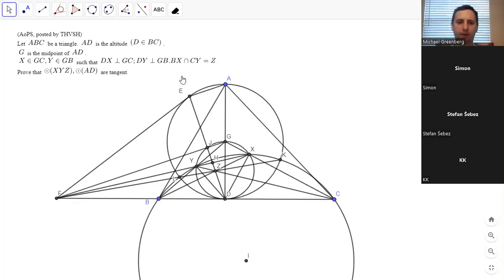But if I lies on ED, then I lies on the polar of F. So F would have to lie on the polar of I. So KL would be the polar of I. And that's basically the same as showing DZ is perpendicular to FG.